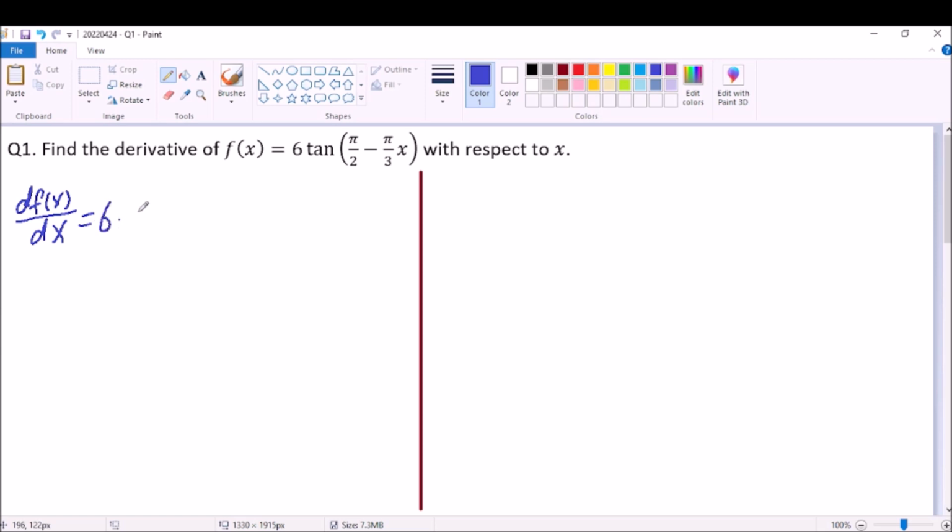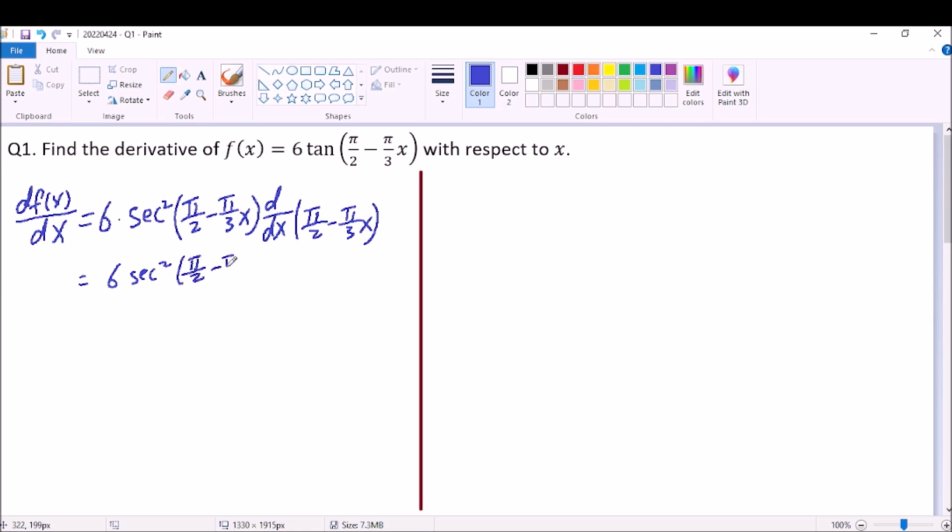Differentiate tangent, which is secant squared, so secant squared of (pi over 2 minus pi over 3 x). And then differentiate the inner expression, pi over 2 minus pi over 3 x. We get 6 secant squared (pi over 2 minus pi over 3 x).